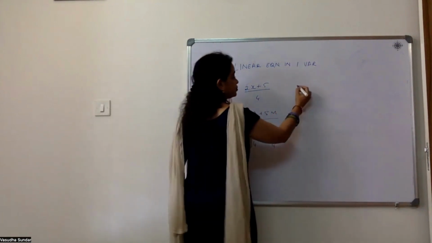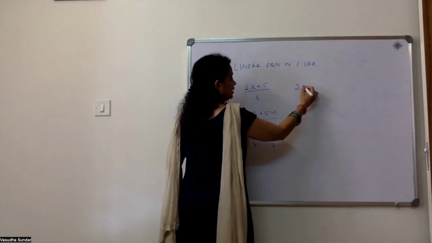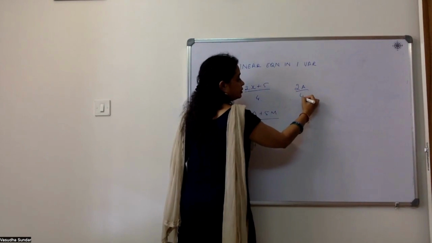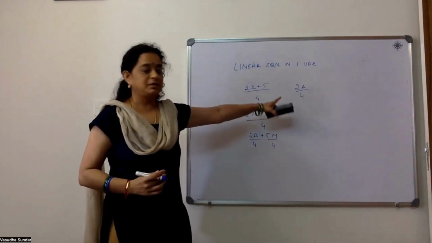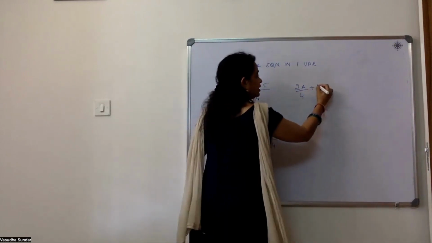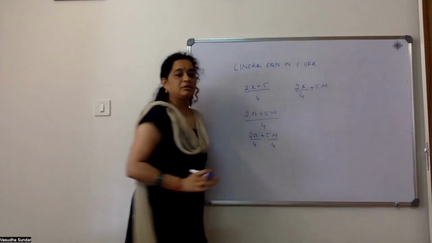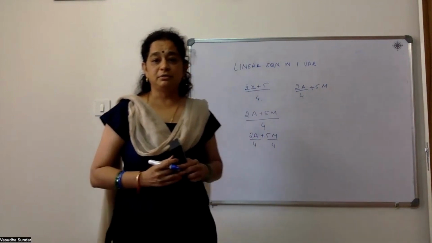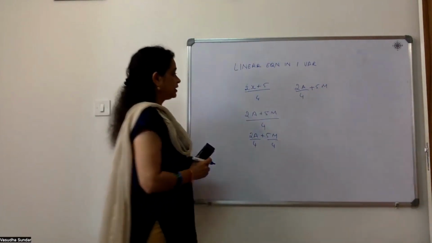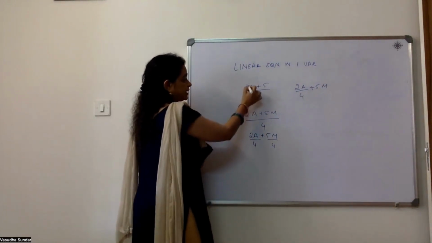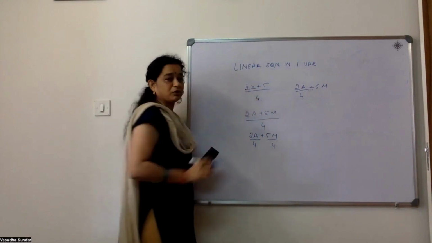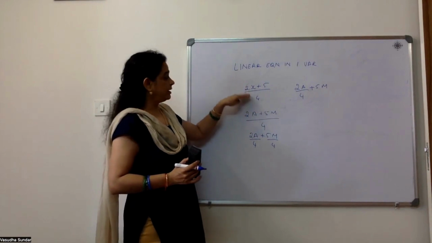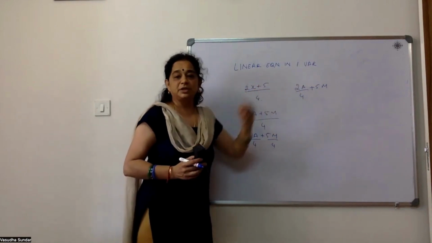But what most of the students do is they cancel out this 2 and 4, which means they divide the apples among 4 students and eat up all the mangoes themselves. So do you prove to be a good friend? Not at all. So this idea of cancelling this 2 and 4 is wrong. Whatever is in the denominator, you have to divide it equally among all terms in the numerator.